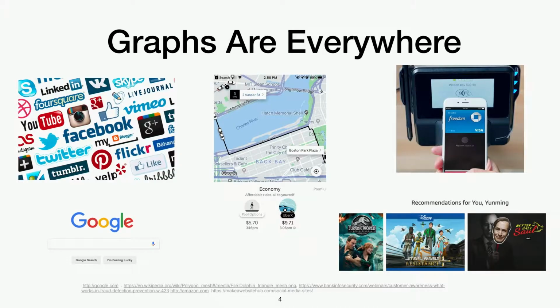So talking about graphs, graphs are everywhere. If you go to something like Google and do some search, Google has represented the entire knowledge on the internet as a big graph that does a huge amount of graph processing behind the scenes. That is what guides your search in there. Or if you go to maps or something like Uber, it will find your directions.